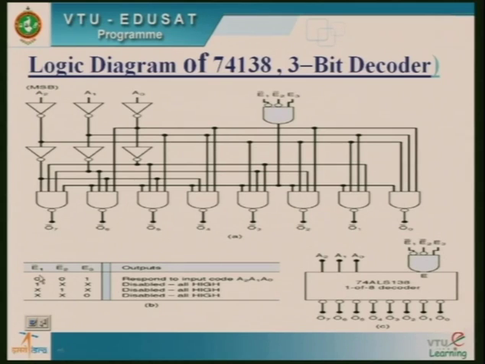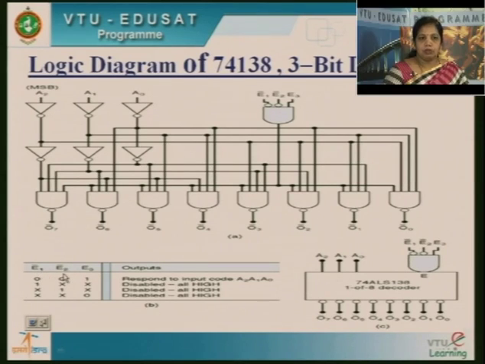The signals are E1 bar, E2 bar and E3, that is E1 complement, E2 complement and E3. So E1 complement is active low, E2 complement is active low, E3 is active high. So whenever you need to operate this decoder, these two lines should be 0, that is active low, and E3 line should be active high. Then only it will respond to the inputs given to this decoder.